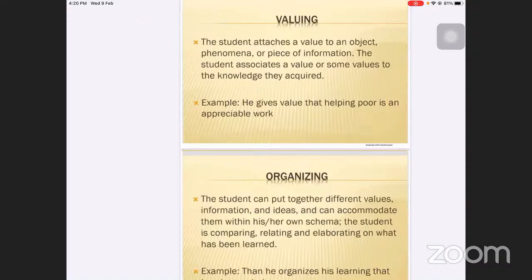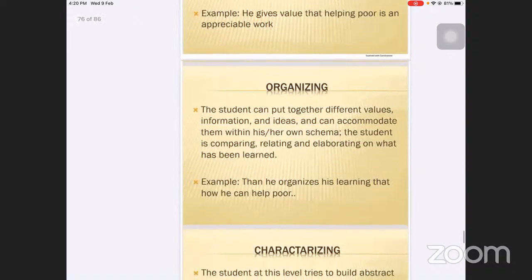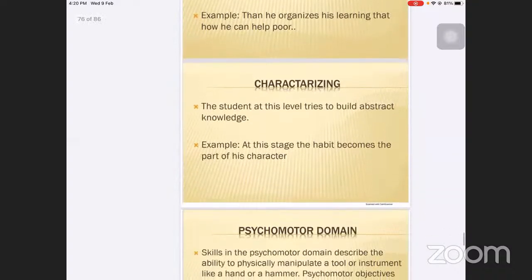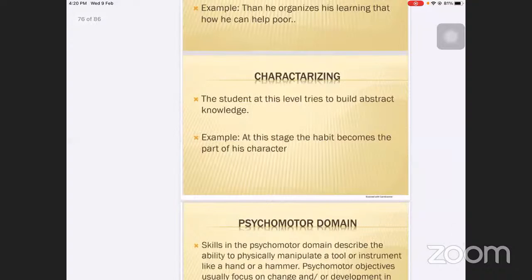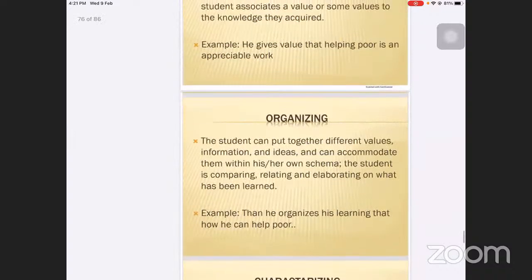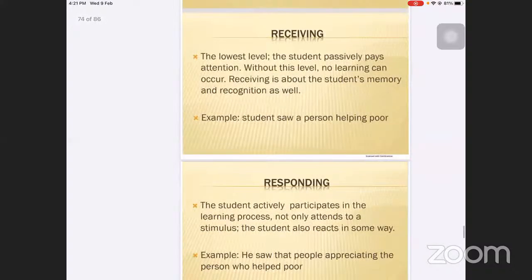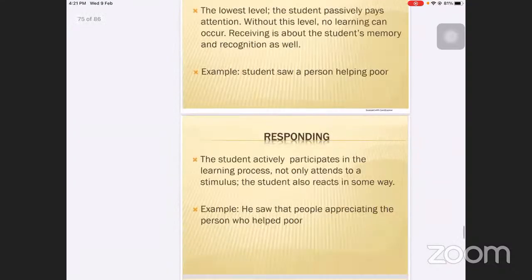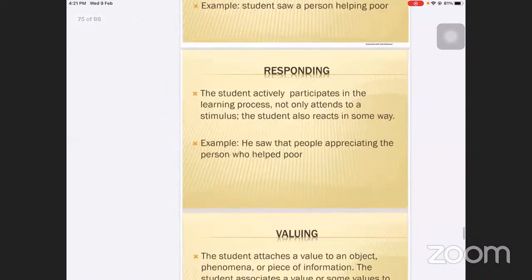This is all done by the heart, not by saying to anyone. Organizing, then he organizes his learning on how he can help the poor. This is organizing in the affective domain. And ultimately a character develops. At this stage, the habit becomes part of his character. So the affective domain develops from receiving what he observed in the environment, replying in the same way.